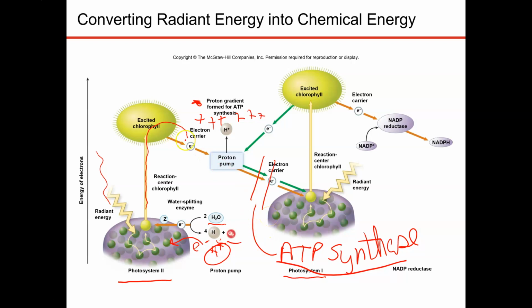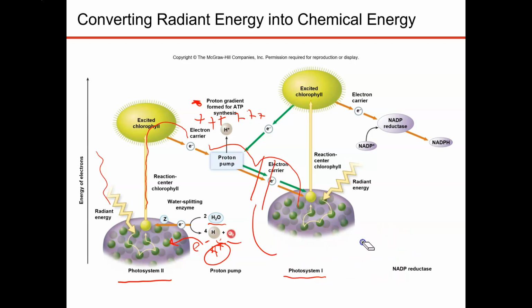The electrons, as they move down in energy, they move down and down and down. They eventually end up in the reaction center of photosystem 1. I'm going to quickly erase this so you can see this side. They move into photosystem 1, and again, sunlight energy comes in, activating the electrons.